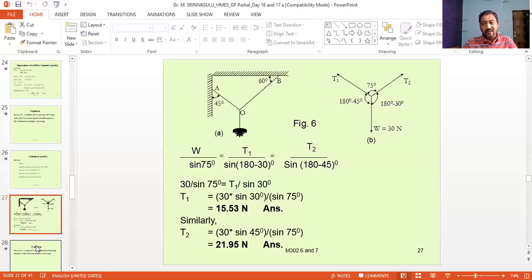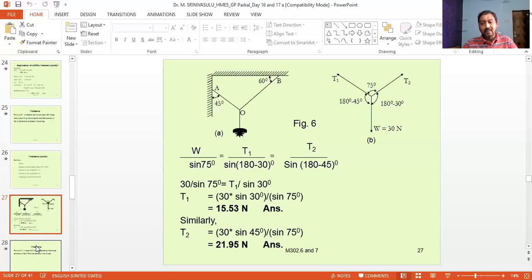For W, the other two forces are T1 and T2. So W by sin 75 is equal to T1 by sine of 180 minus 30. For the force T1, the other two forces are T2 and W, so the angle is 180 minus 30.